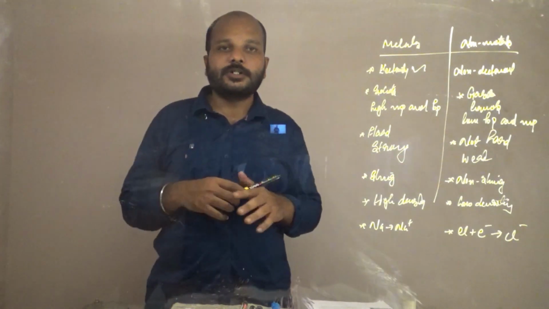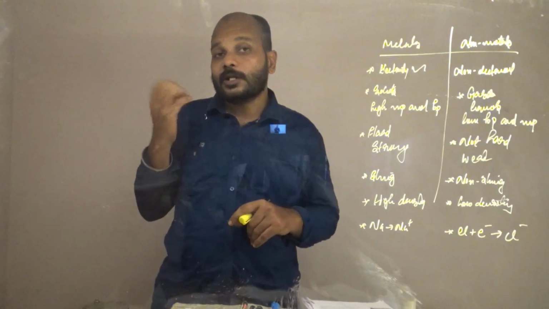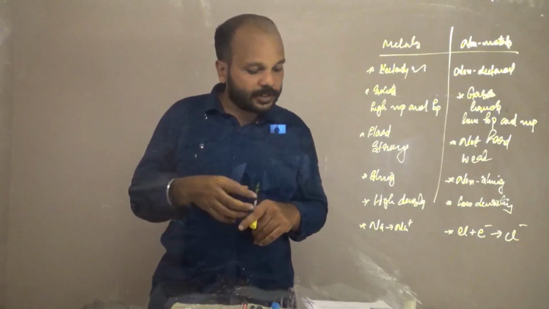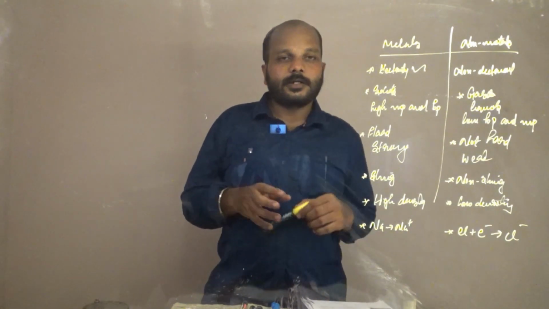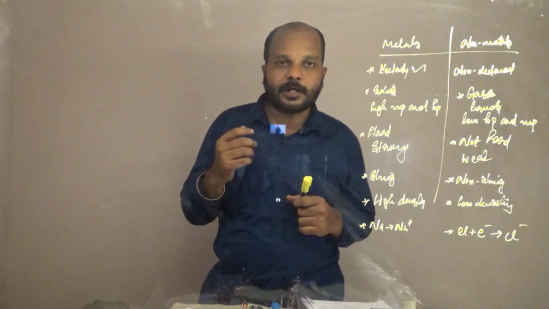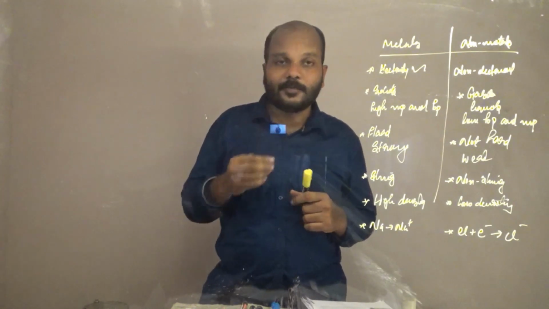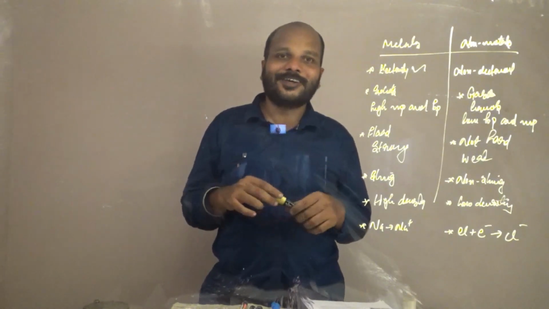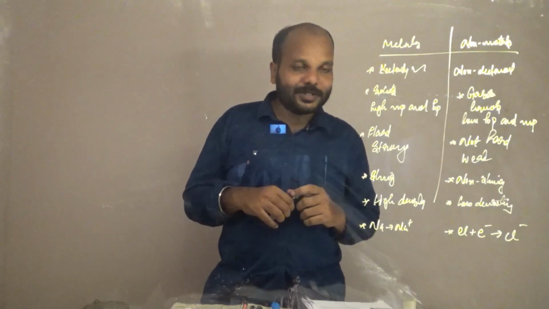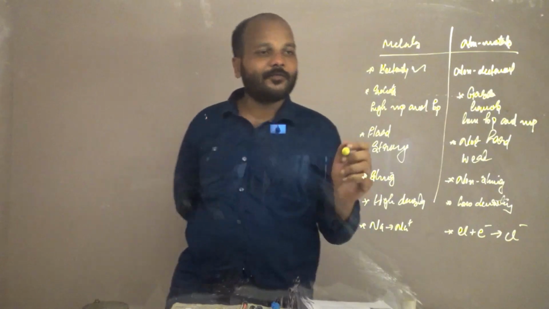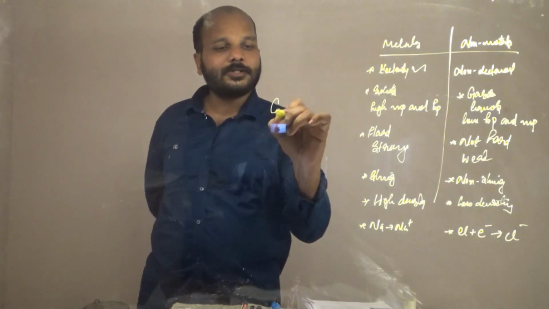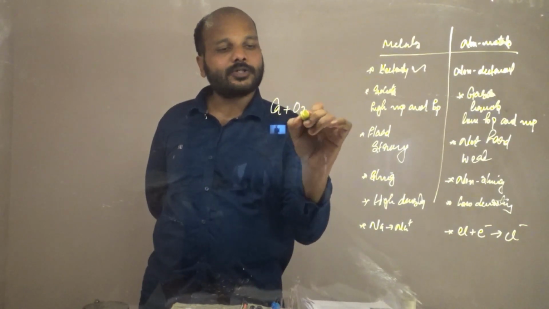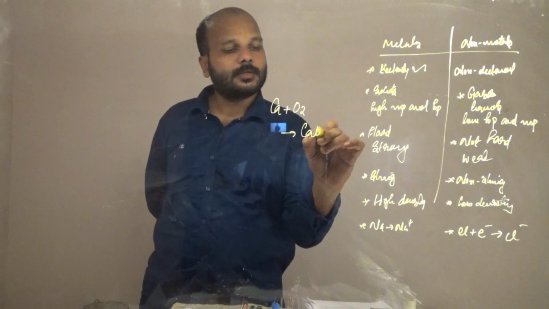A better definition is that any element which has a tendency to release electrons, which gives electrons, is a metal. If it accepts electrons, it is a non-metal. This is one of the best definitions. Now again, take a metal, let it be calcium. If calcium reacts with oxygen, it will form calcium oxide.